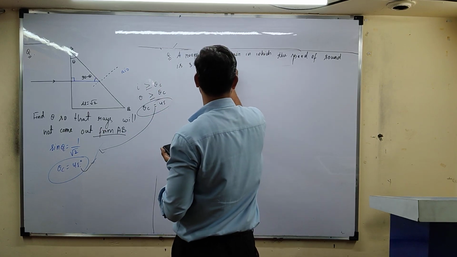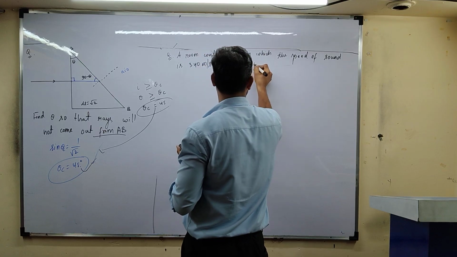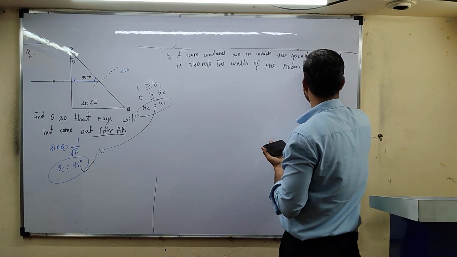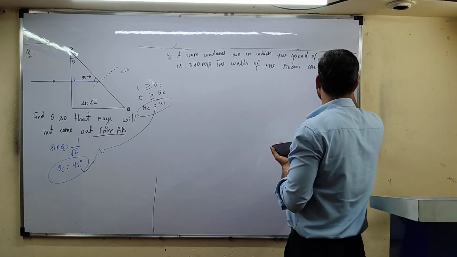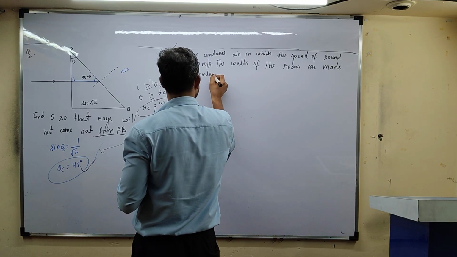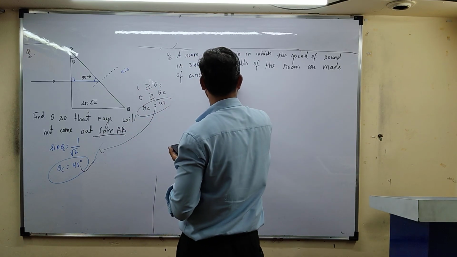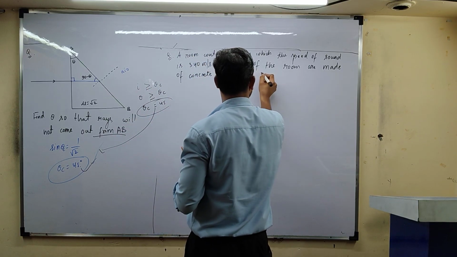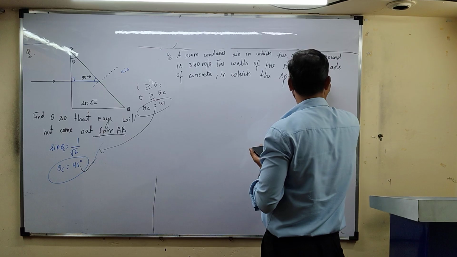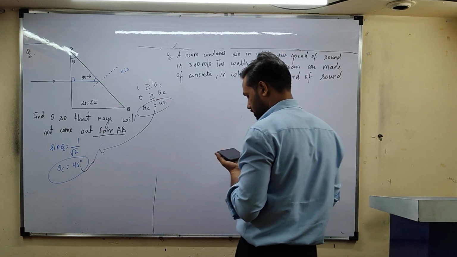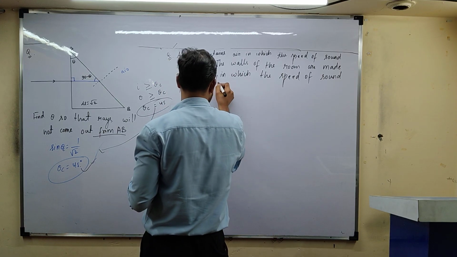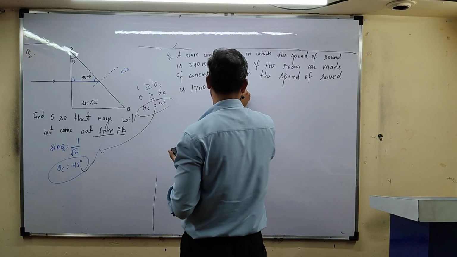The walls of the room are made of concrete in which the speed of sound is 1700 meter per second. Find the critical angle.